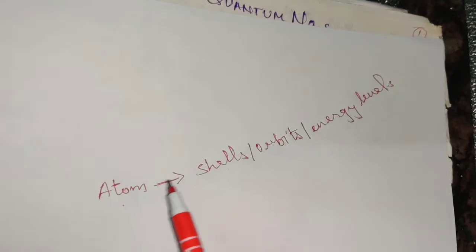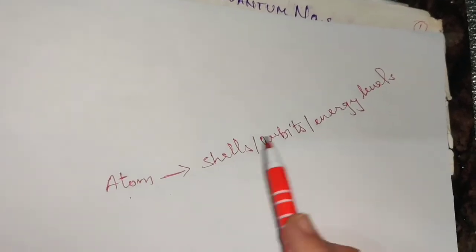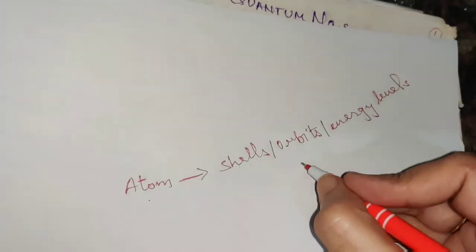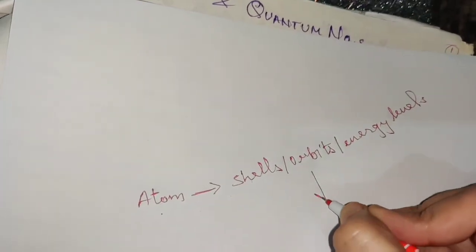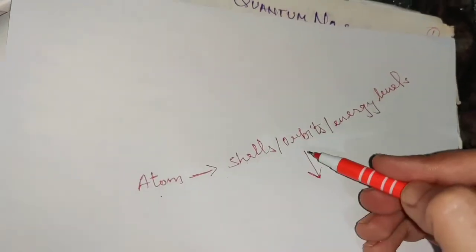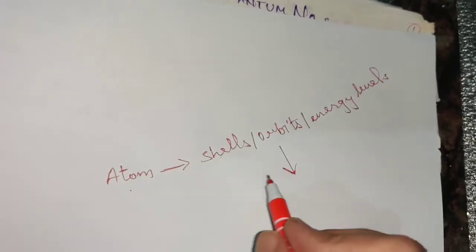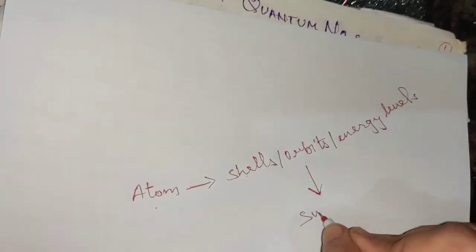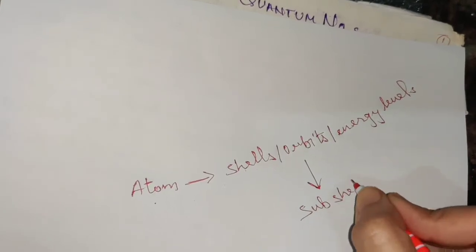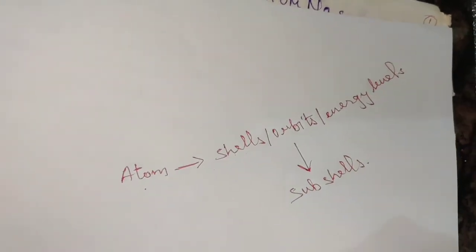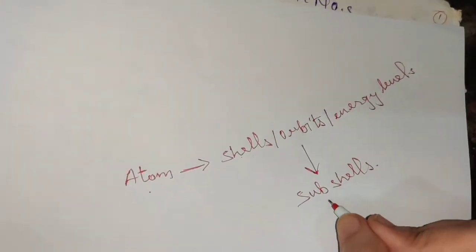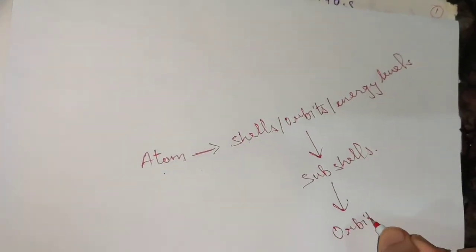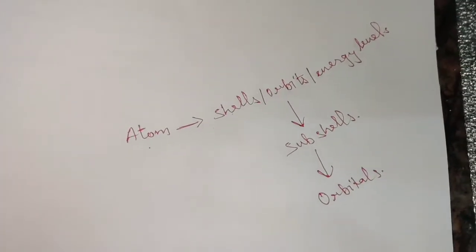And then on further entering into the atom, crossing this shell, you move to subshells, and then on further entering, you will reach the orbitals.